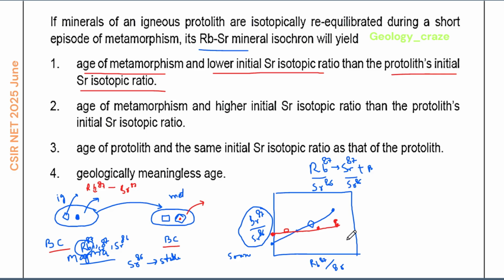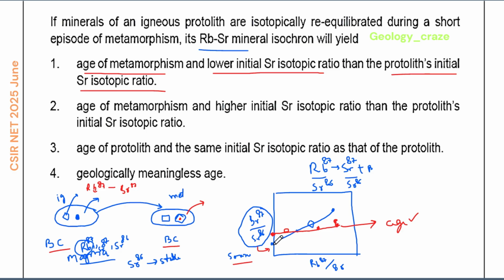This line will tell us about the age of metamorphism. We will take this value and put it in the formula, and we will get the age of the metamorphism. One thing it is giving. Next thing is with respect to the initial Sr ratio. Source rock value is this one.